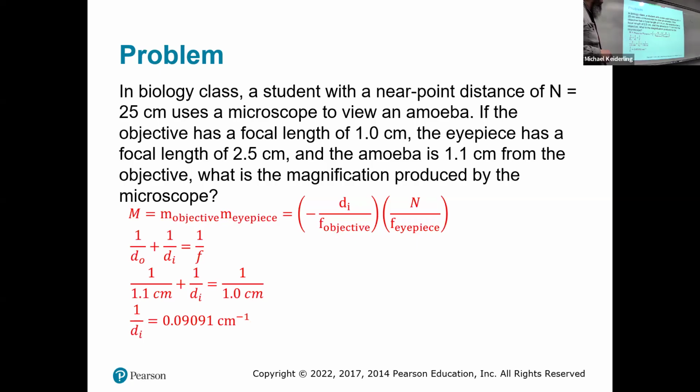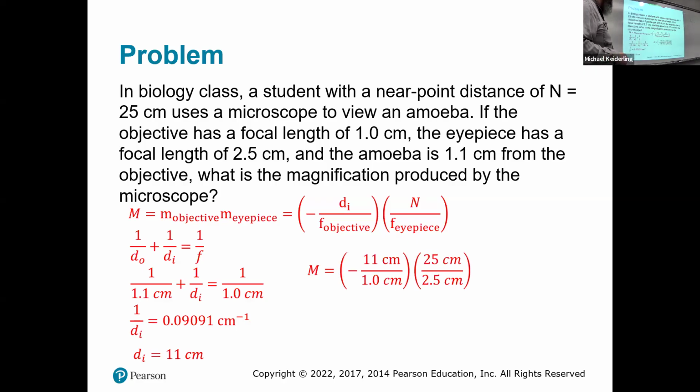Di is going to be 1 over 0.091, which is about 11 centimeters. And the magnification is minus 11 centimeters times 25 centimeters over 1 centimeter times 2.5 centimeters, which comes to: the magnification of the objective is 11, the magnification of the eyepiece is 10, so the magnification is minus 110.